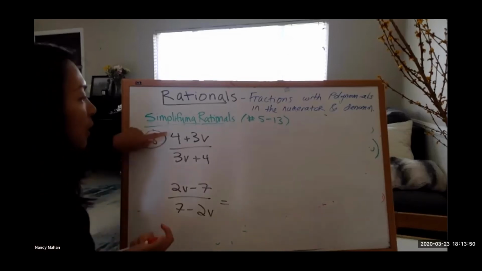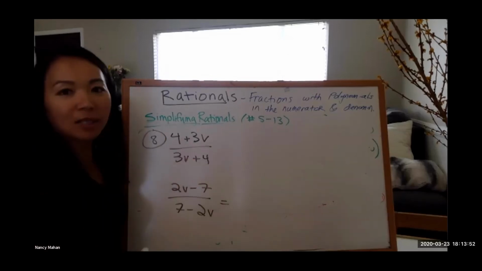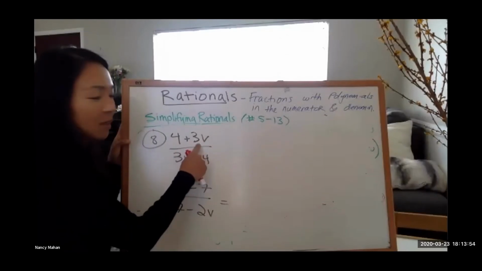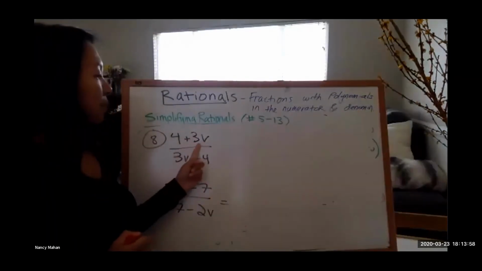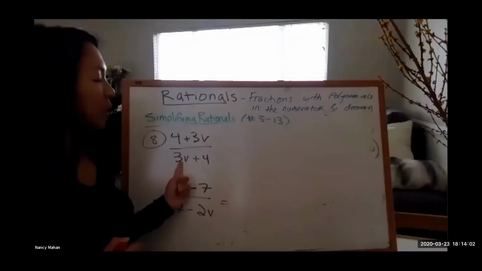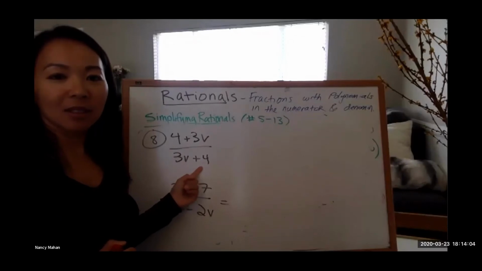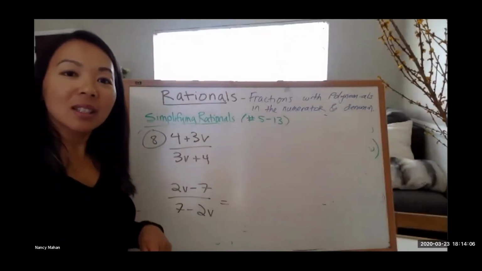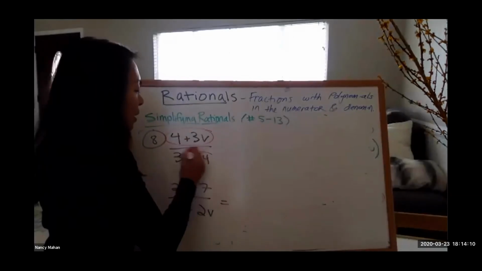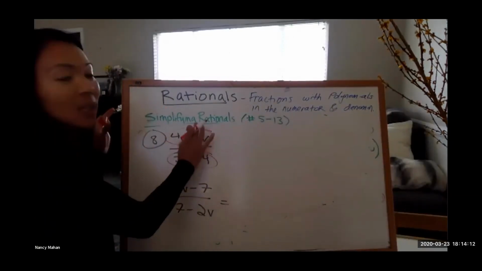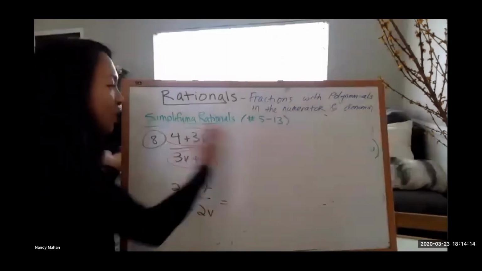All right, so the first part. First of all, can I factor 4 plus 3v? No. Can I factor 3v plus 4? No. So since it can't be factored anymore, this is a factor, this is a factor. You can't do anything more with it.